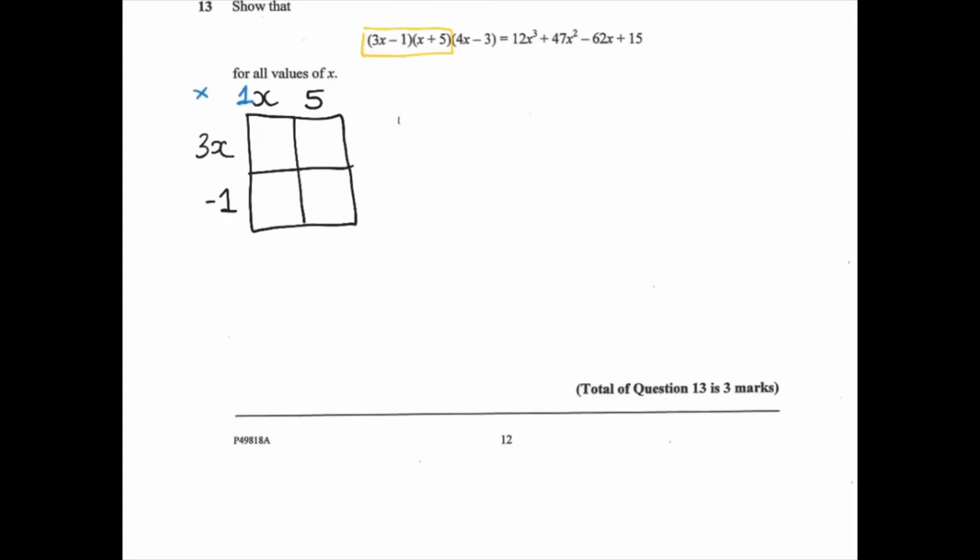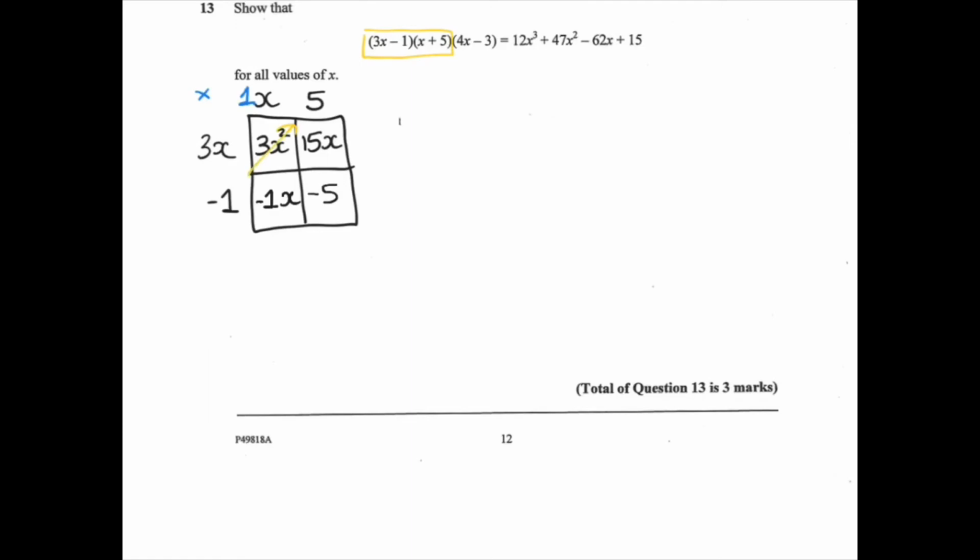Drop a 1 in front of any letter that's on its own. And let's start filling in the table. So 3 times 1 is 3x squared. 3 times 5 is 15x. Moving down, 1 times minus 1 is minus 1x. And finally, minus 1 times 5, minus 5.